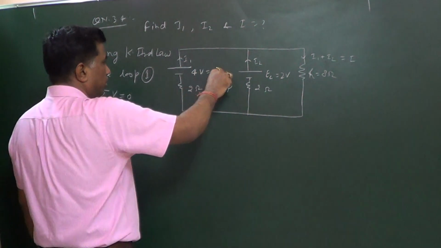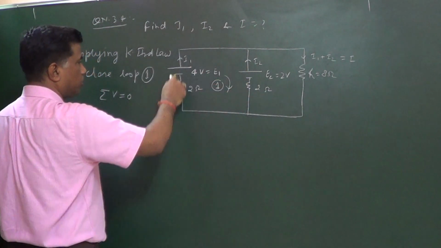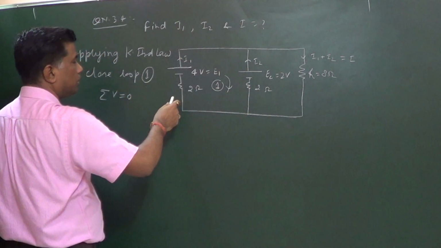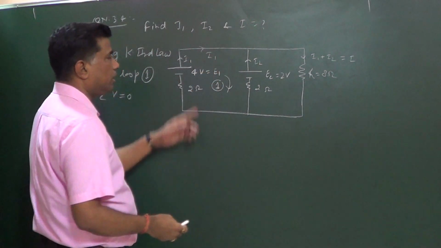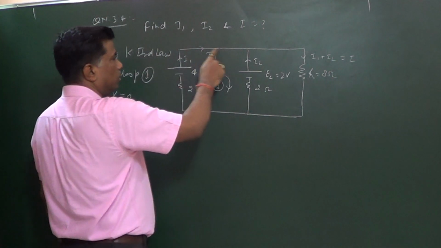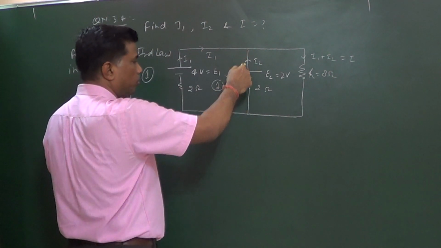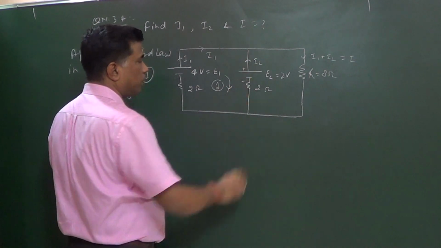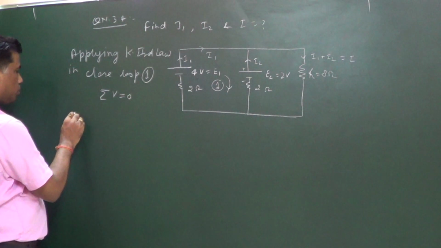Students, if we move in this closed loop 1 like this, in this arm there is current I1 but there is no resistance, so here we will not get any potential difference. But when we come here, we are moving from higher to lower potential, from positive to negative. So it will be plus 2 volt.